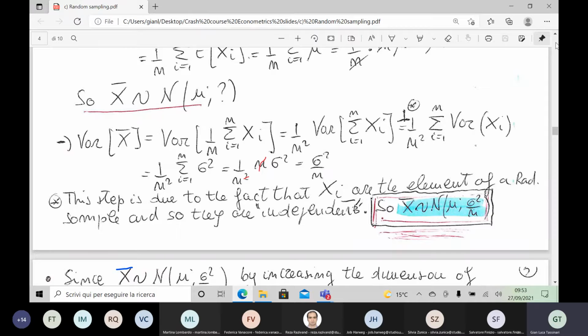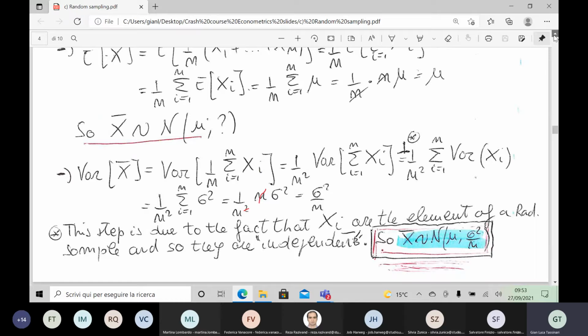So we got this very important result. We have just found the distribution of the random variable sample mean when the population X follows a normal distribution.